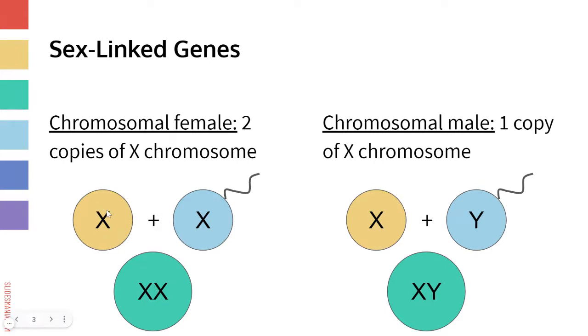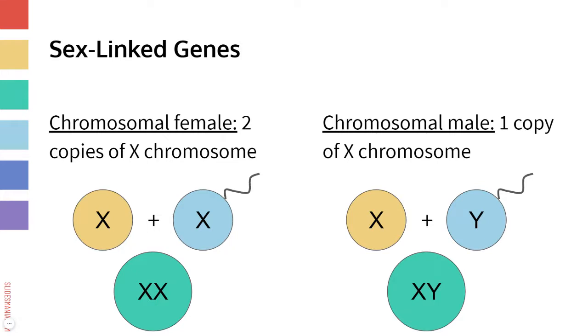And remember, the egg is always going to give an X chromosome and another X chromosome from the sperm. However, the sperm doesn't always have to give an X chromosome. As you can see in the case of somebody who's chromosomally male, they'll have inherited an X chromosome from the egg, but gotten a Y chromosome from the sperm. So somebody who's chromosomally male will be XY, and the Y chromosome will have come from the sperm.